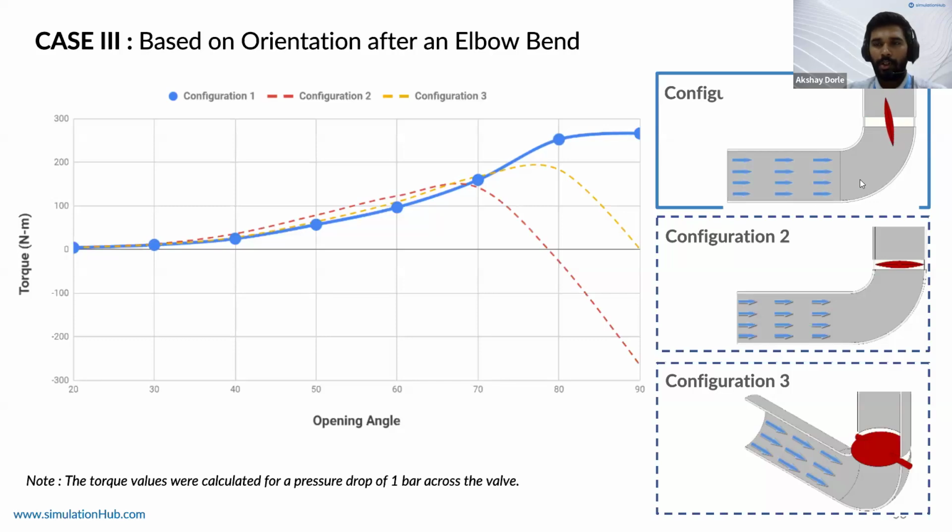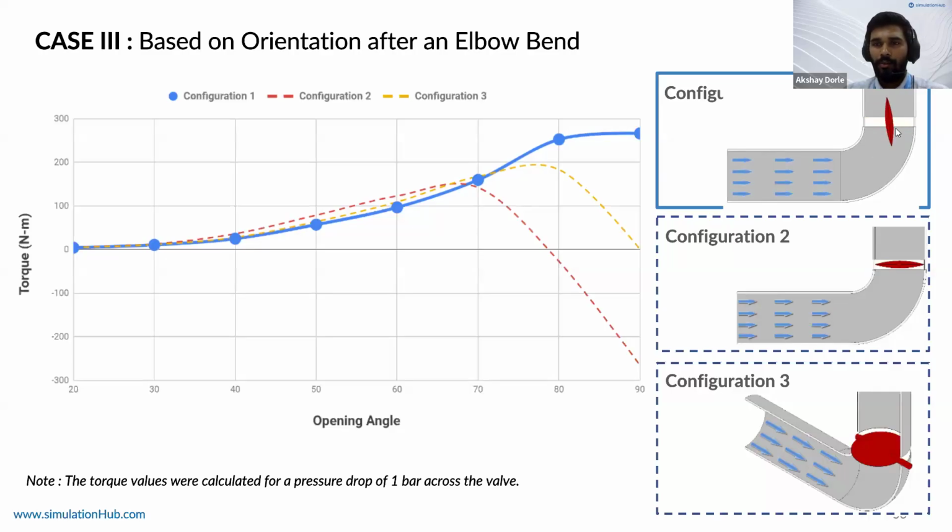In this configuration, due to the bend, the portion that is pointed by my mouse pointer here, or you can say the right side of the pipe in the downstream direction, has a higher magnitude of velocity, and the left side has a lower magnitude of velocity because of the existence of the bend.